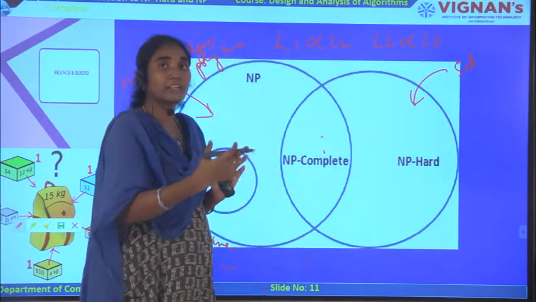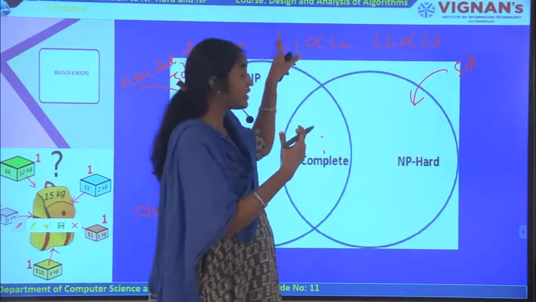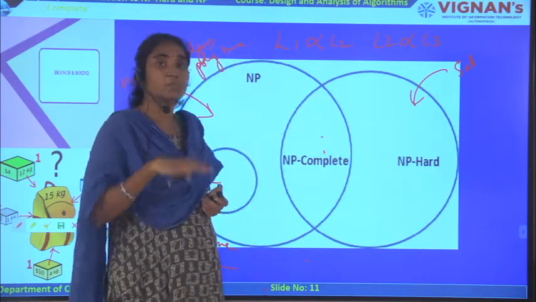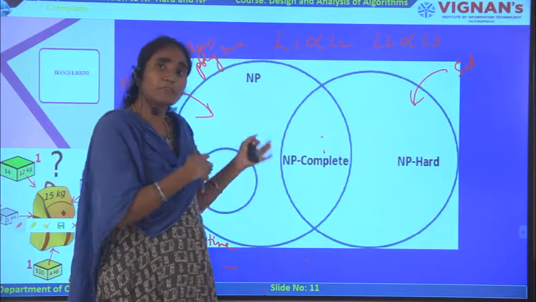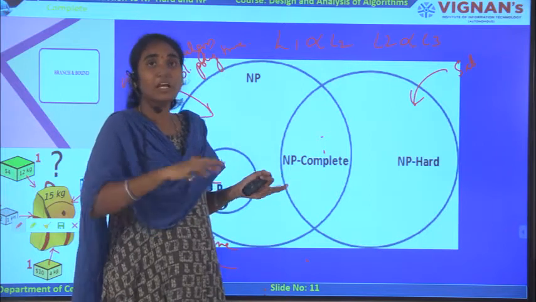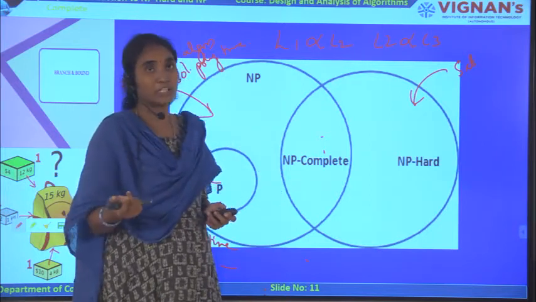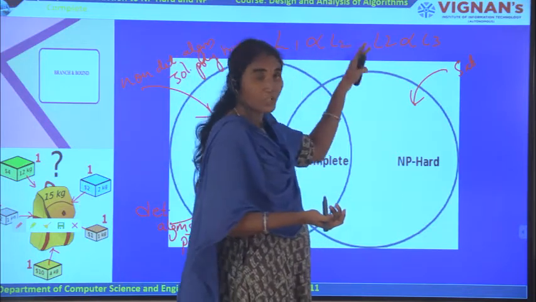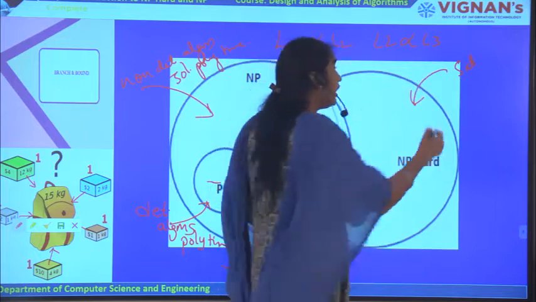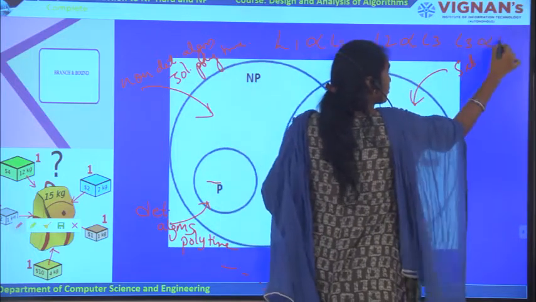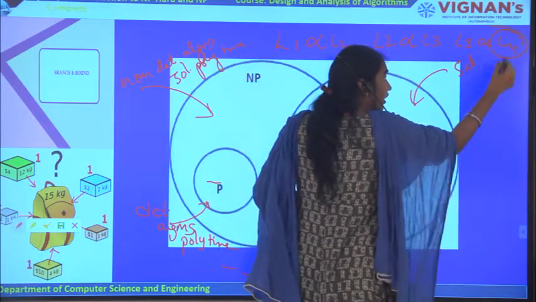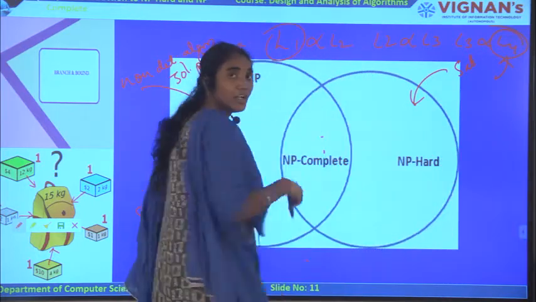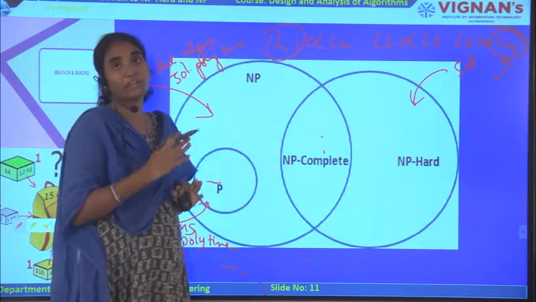From L2 or from L1, from any one of them, I can solve the remaining ones. Please remember, as L1 is reducing to L2, L2 to L3 and L3 to L4, I have the solution of L4 from L1. Understood? That is how they are dependent on each other.